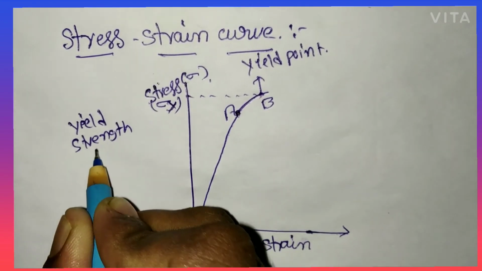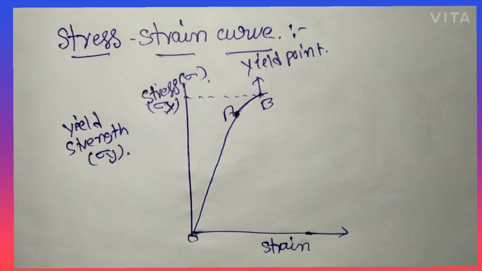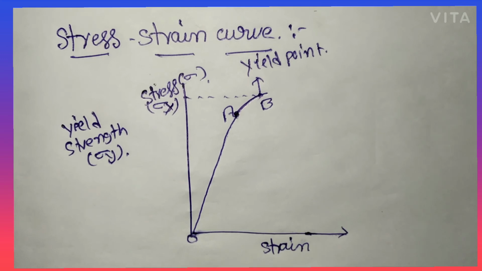It is represented by sigma y. If the load is increased further, the stress developed exceeds the yield strength and strain increases rapidly, even for a small change in the stress.